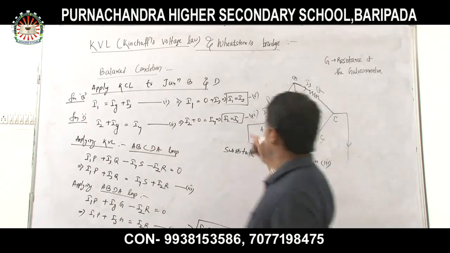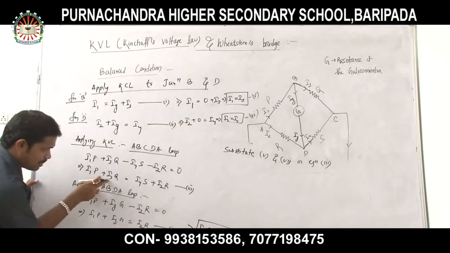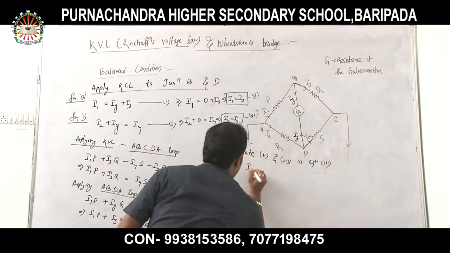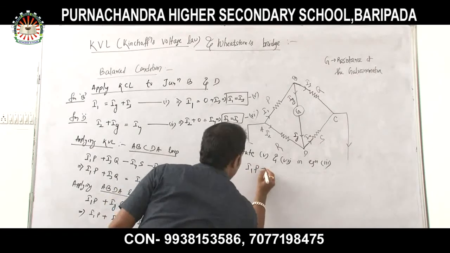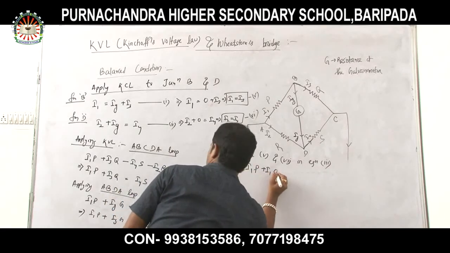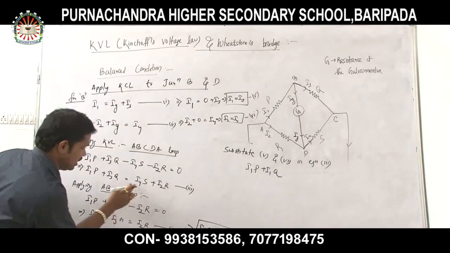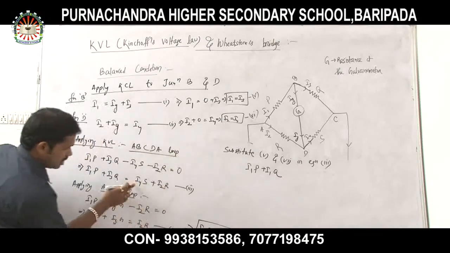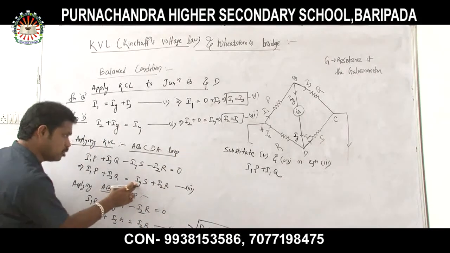So what can I write? Look at here. I1 is equal to I3, so in place of I3 I can put I1. Very simple. So if I put it, then what I will get? I1P plus I1Q. Similarly here I4S plus I2R. I2 is equal to I4, so in place of I4 I can put I2.